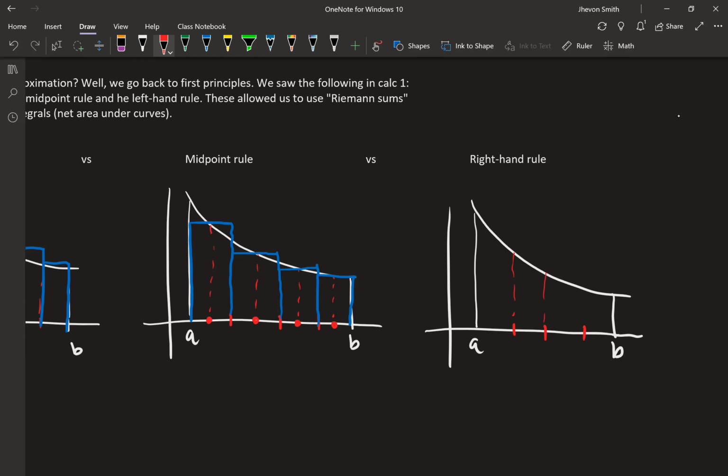For the right-hand rule, we let the right side of the subinterval define the height. And again, by adding up the areas of these rectangles, we got an approximation for the area under the curve.